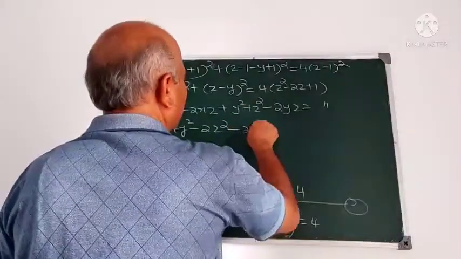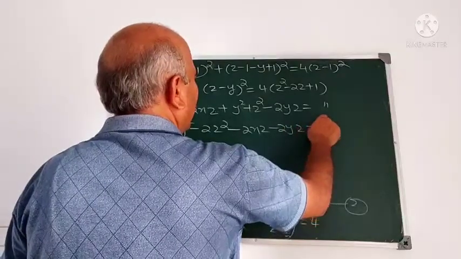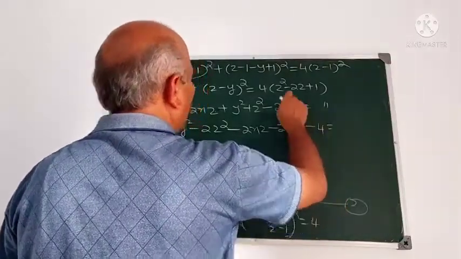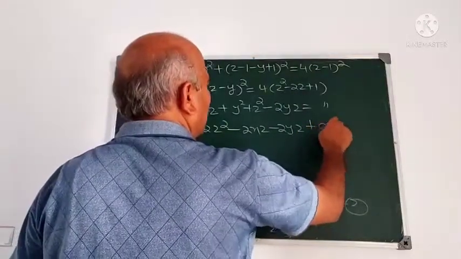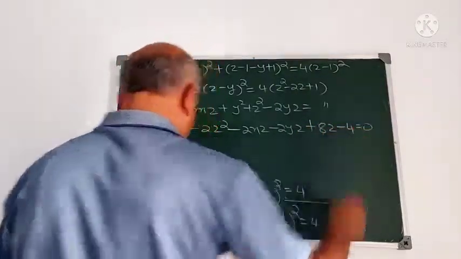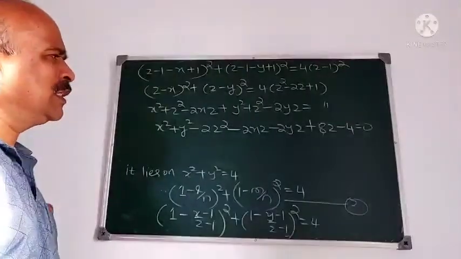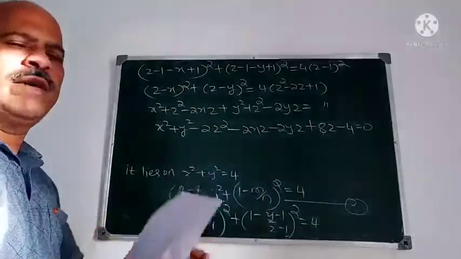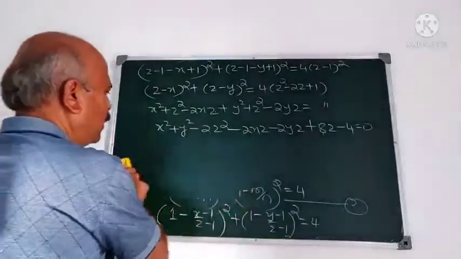Minus 2xz minus 2yz minus 4. One more term, z term is there, plus 8z minus 4 is equal to 0. What is this? This is the required equation. It is the equation of the cone.